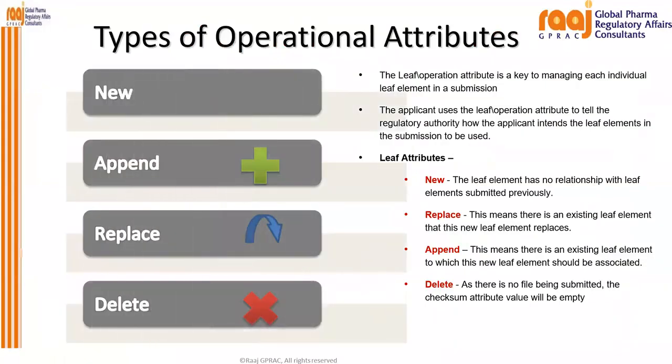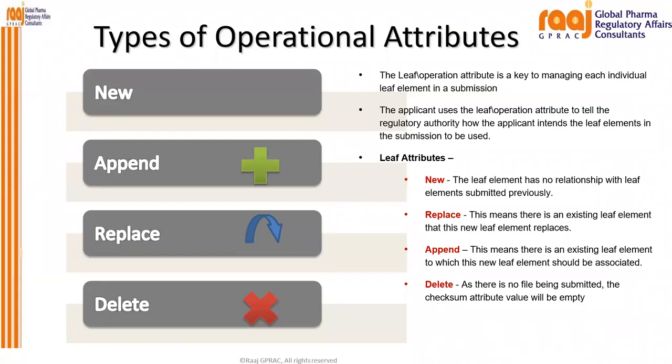Then as I said, there are 4 operational attributes: new, append, replace and delete. Each operational attribute has importance. It is called leaf operation attributes, and this is the key to managing your entire eCTD during your submission.